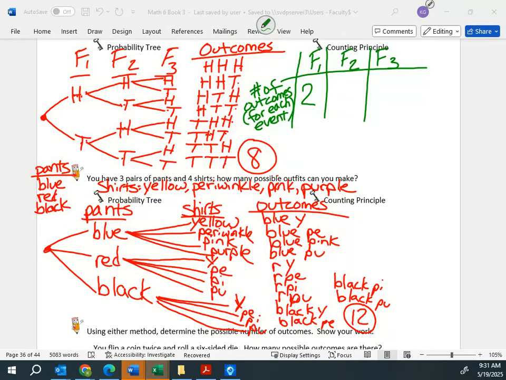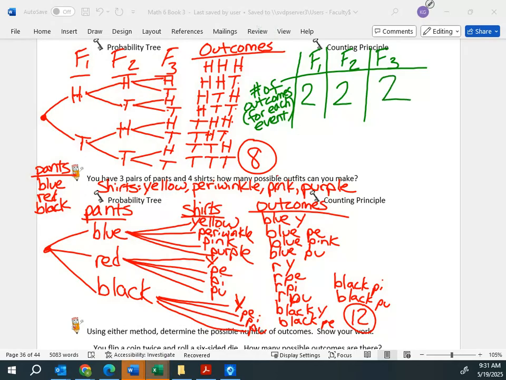James, or Bennett? 1 or 2? Which one do you think it is? 2. Why 2? Because there are only 2 sides. There are 2 sides to the coin. I could get heads or tails. Flip 3. How many outcomes are there that I could get? Lila? 2. Heads or tails.